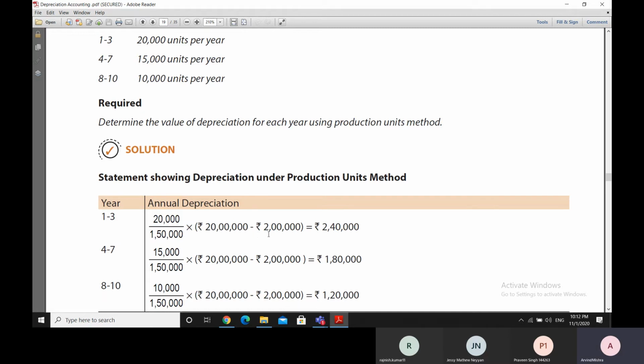So the depreciable value is 18 lakh rupees, and we are taking a fraction of 20,000 upon 1,50,000 of that.